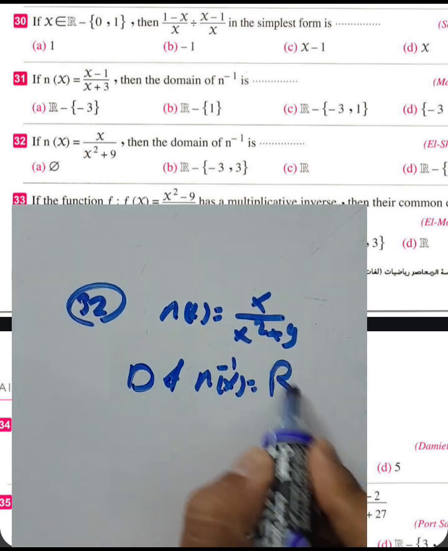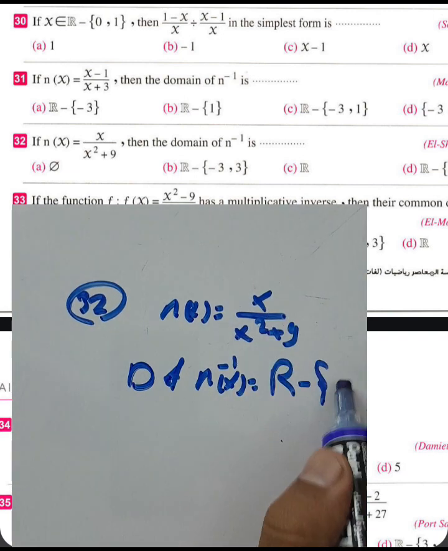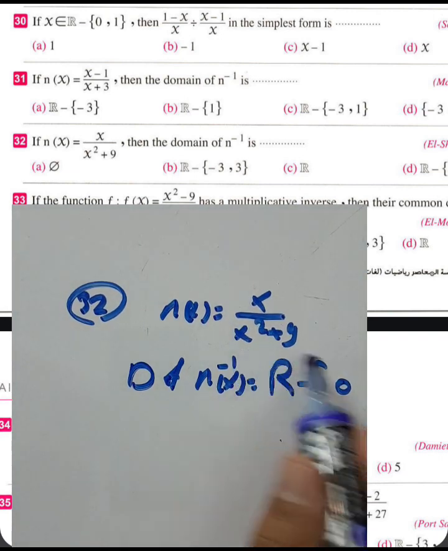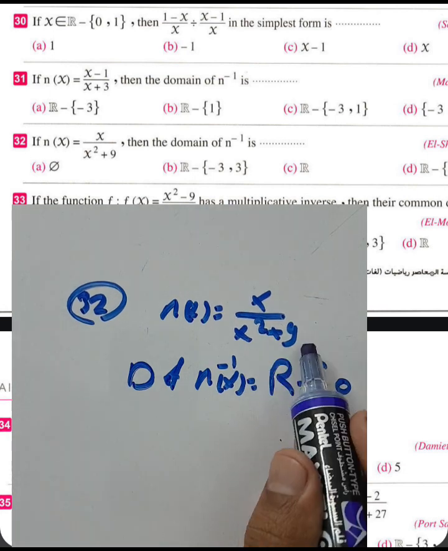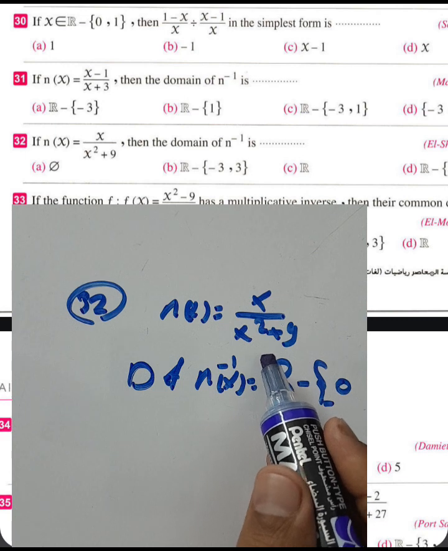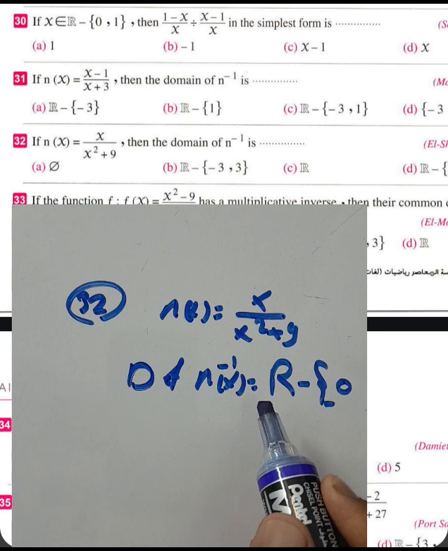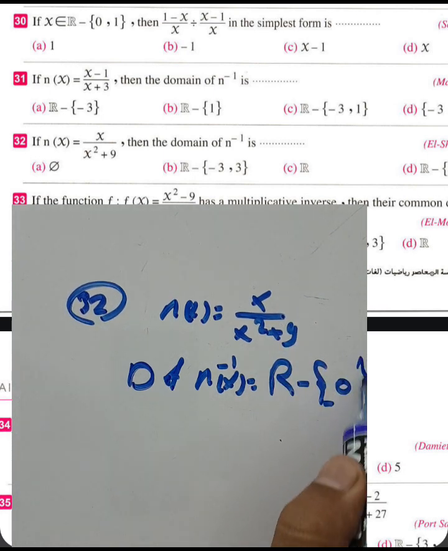It will be R subtract the zeros of numerator and denominator. Zero of the numerator will be 0, but the denominator doesn't have zeros because we have x power 2 plus 9. If we put any number in x, such as 4, 3, 1, negative 1, negative 2, the result will be positive. Then we don't have 0 in the denominator. Then the domain will be R subtract the set of 0.